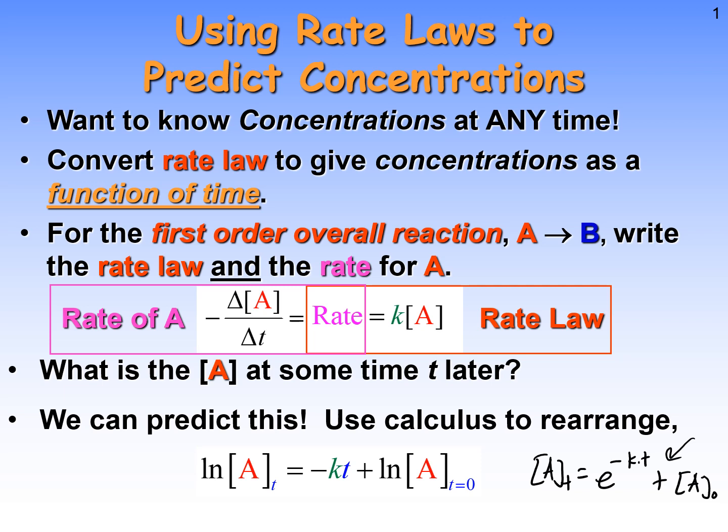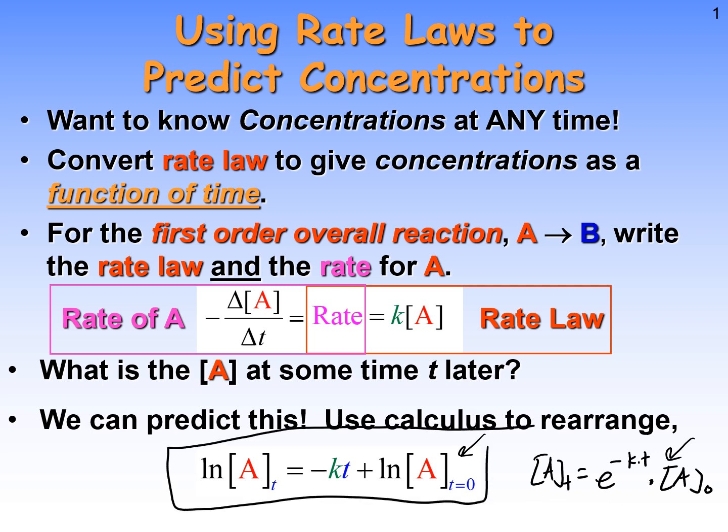I like the one with natural logs because it's a linear equation and it's somewhat easier in my opinion. Sorry, not plus, this should be just times A naught. This one you can use if you want, but I'm not going to give you this one. I'm going to be giving you this equation on the test.